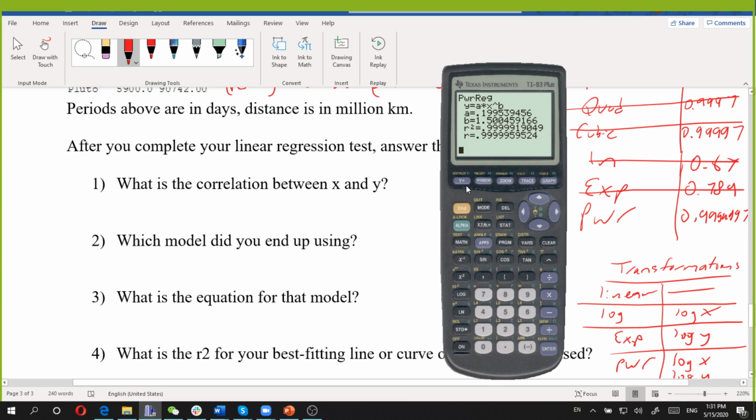Then I'm going to hit y equals, variables, statistics, equation, regression equation, and that will paste the last equation that we did. If I hit second stat plot and turn our first plot on, so graphing list 1 and list 2, then I can zoom to our statistics, and you can see all of our points, and in black our best fitting line.